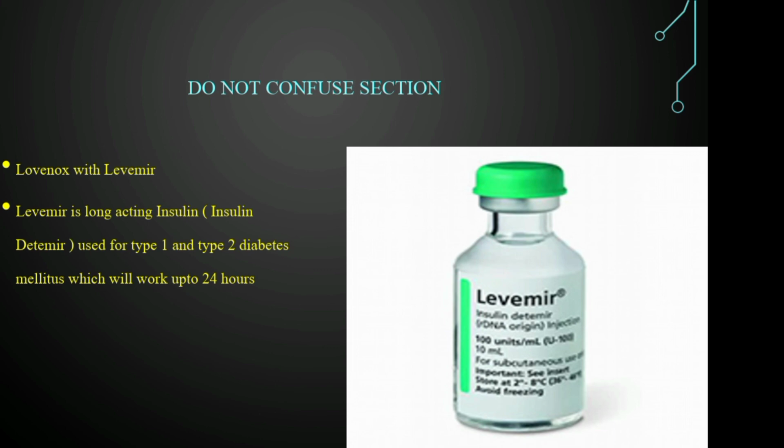The most important brand of enoxaparin is Lofinox. So Lofinox is mistaken with Levemir. But Levemir is a long acting insulin which works up to 24 hours. That is insulin detemir injection. It is used for both type 1 and type 2 diabetes.